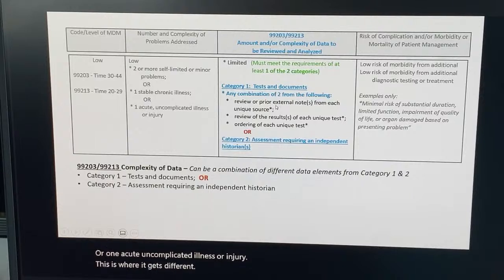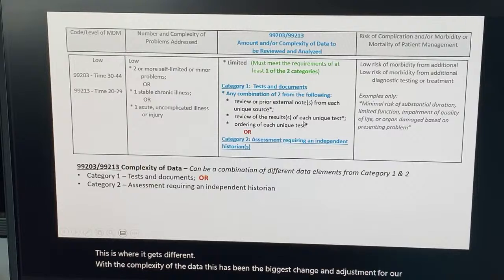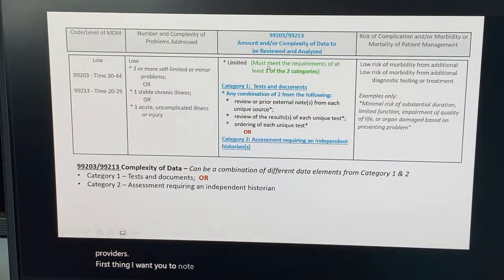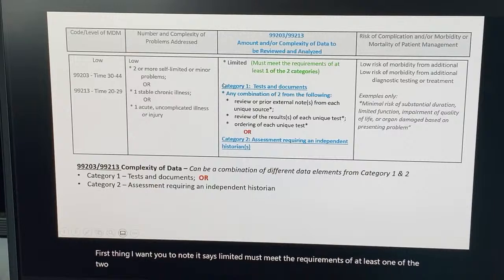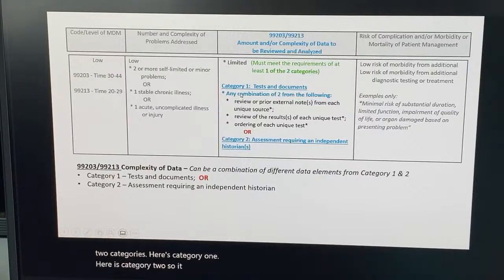With the complexity of the data, this has been the biggest change and adjustment for our providers. First thing I want you to note, it says limited must meet the requirements of at least one of the two categories. Here's category 1, here's category 2. So it must meet this category or this category.